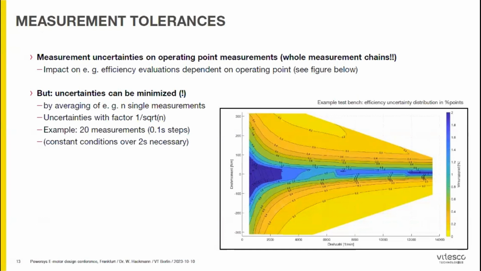So it's much, much better. We should also keep in mind that from the measurement side, with averaging, we can achieve very accurate values regarding the efficiency of an electrical machine.